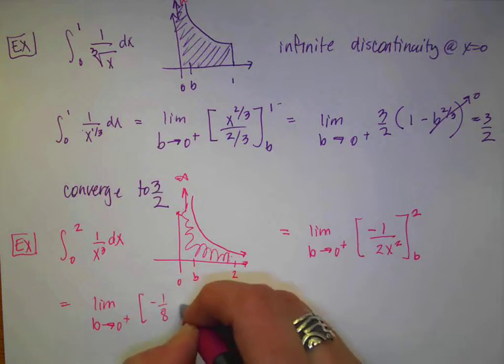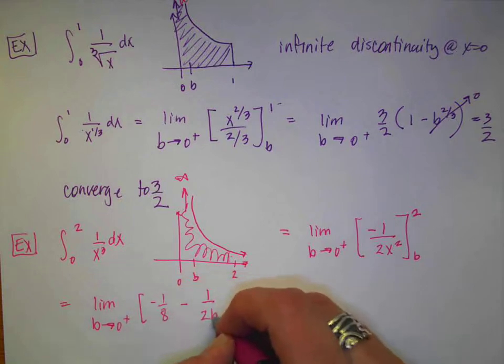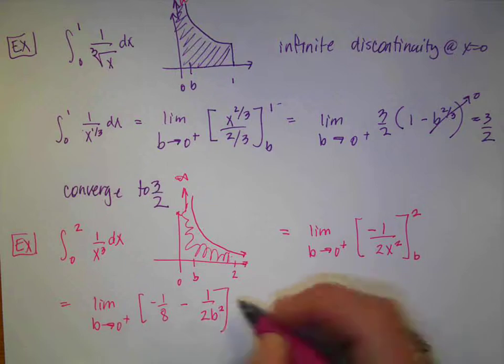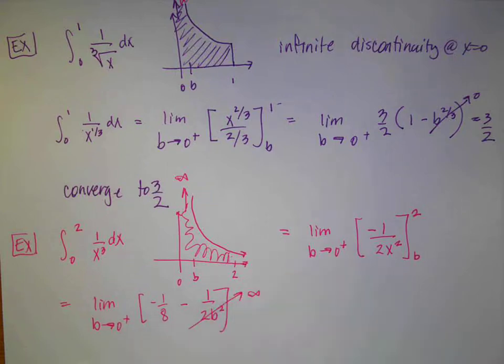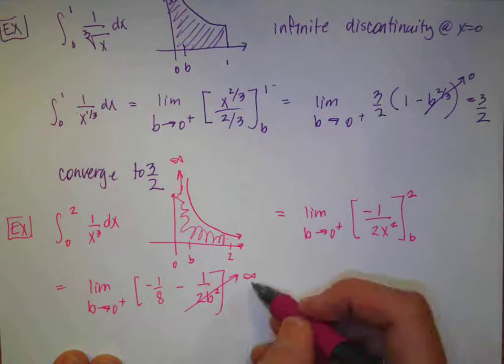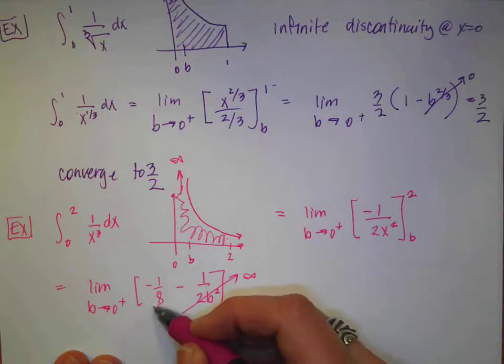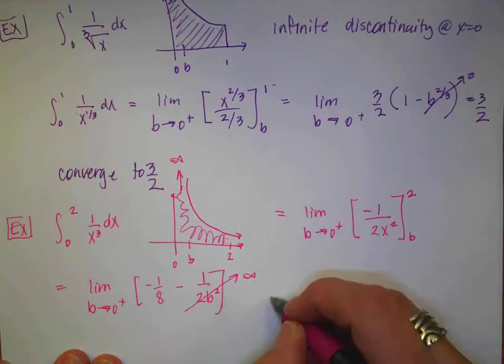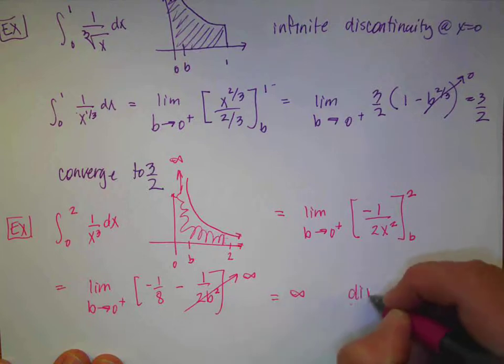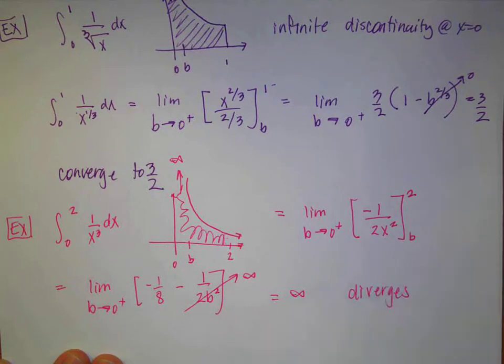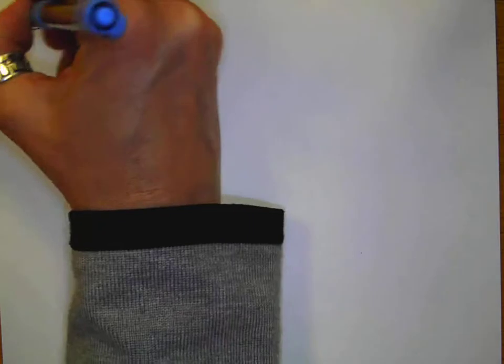This is the limit as b approaches 0 from the right of negative 1/8 minus 1 over 2b squared, and this is going to approach infinity. Because this approaches infinity, 1/8 less than infinity is still infinity, and therefore we would say that this particular area diverges. Alrighty? Okay, 2 more examples, and then we're done.